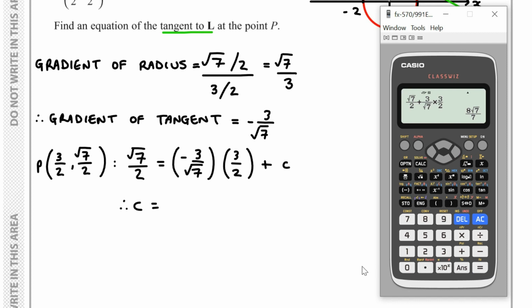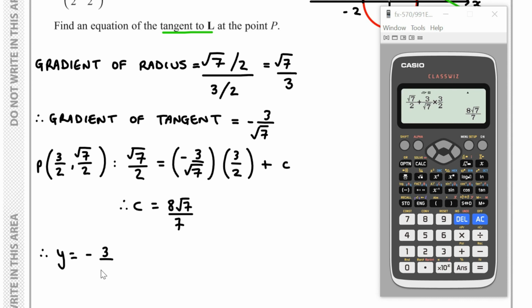You will find c to equal, if I've done it correctly, 8√7 over 7.